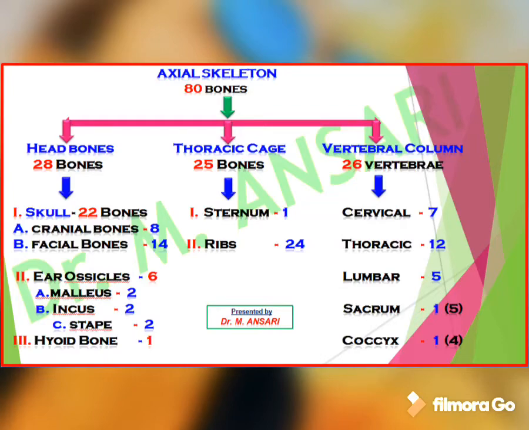So here 7 cervical, 12 thoracic, 5 lumbar, 1 sacrum, 1 coccyx, all together 26 vertebrae are present in vertebral column. So here 26 vertebrae of vertebral column, 25 bones of thoracic cage, 29 bones of head region together form axial skeleton.